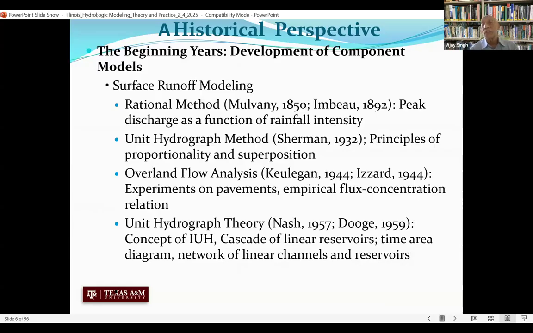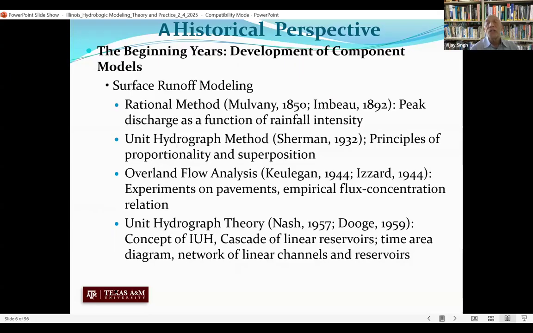In the case of surface runoff modeling, the first mathematical framework was developed in the form of the rational method by Mulvaney in Ireland in 1850. The main hypothesis of the rational method is that the peak discharge is a function of rainfall intensity. And the same thing was pretty much done in France in 1892.